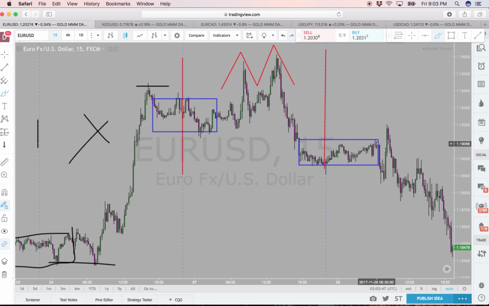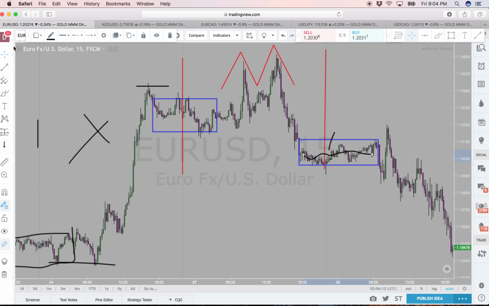So there's a lot of liquidity being pumped in Asian session from people trading in the United States during the daytime when they're day trading. So we can see Asian session just consolidates and traps these retail traders in this chunk. That's what I like to call it, a block of consolidation, or this chunk.